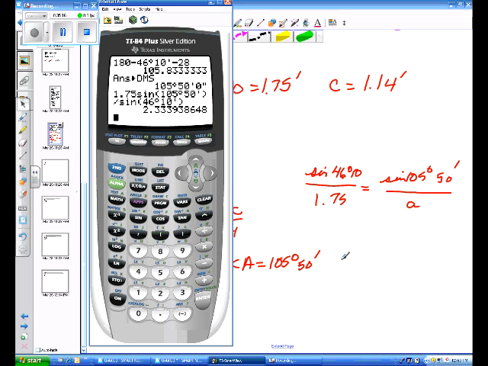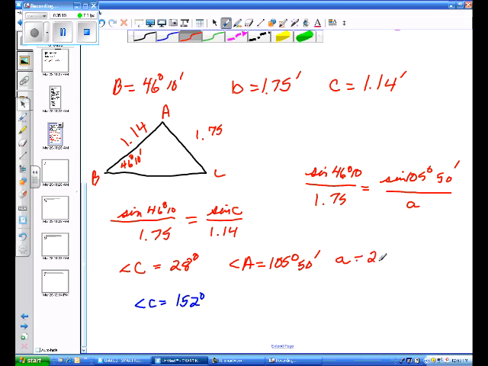So A is 2.33 feet. Okay, let's go back then in case angle C was 152 degrees instead of 28.